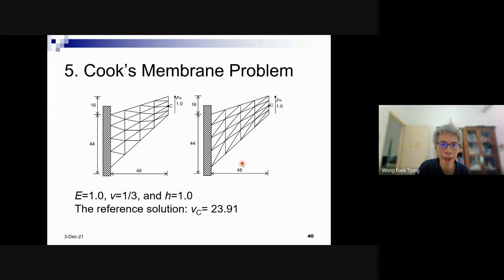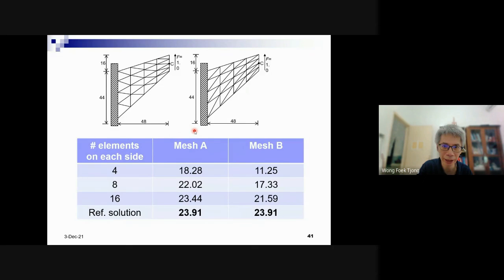Okay, you can also do the test for this problem. That's called the Cook membrane problem. I will not discuss it, but it's similar to previous tests, and then you will get these results. The finer the mesh, or the more elements you use, the better the results.